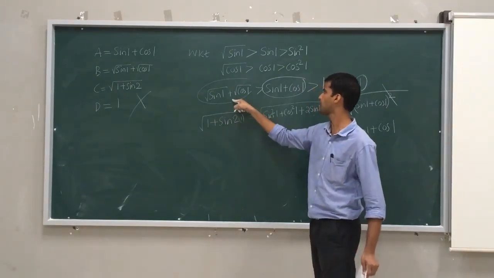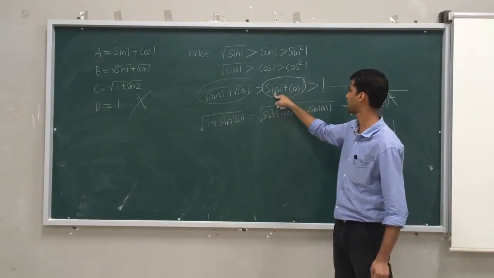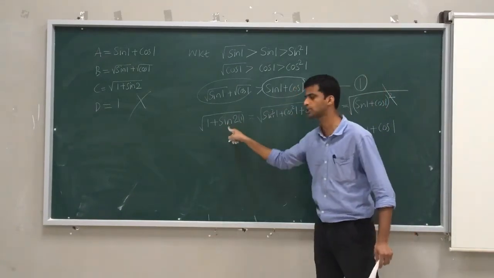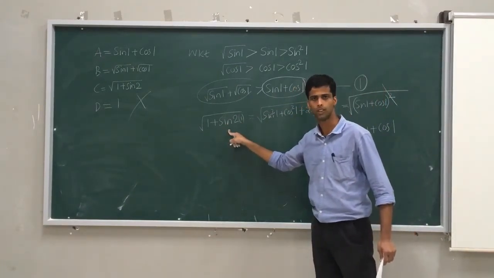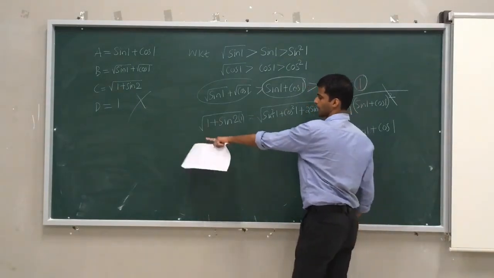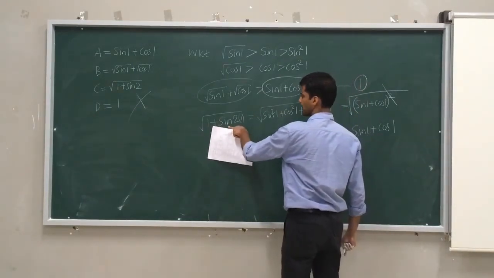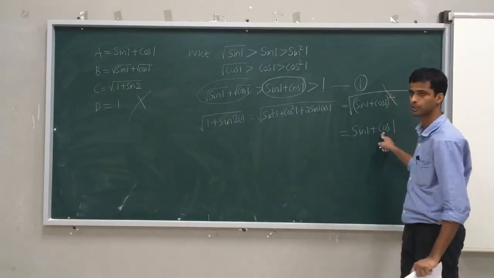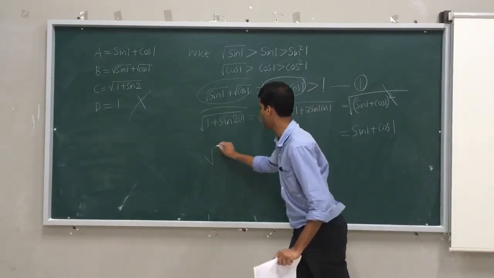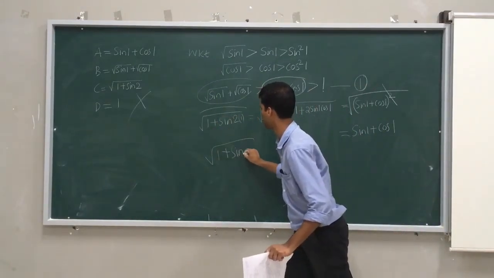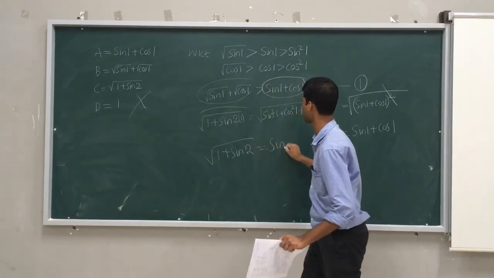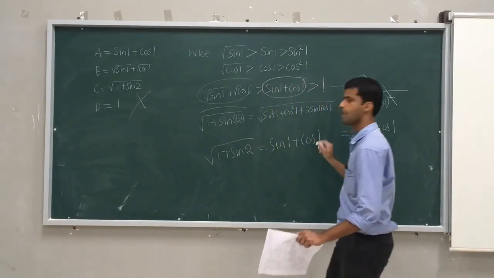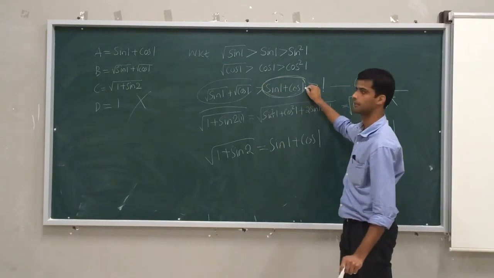Again, this term is dominant over sin 1 plus cos 1 as well as 1 plus root sin 2. Okay, you got to know. I got the expression root of 1 plus sin 2, and if you simplify, you get sin 1 plus cos 1. Means root of 1 plus sin 2 is equal to sin 1 plus cos 1. Now here I already got one equation.